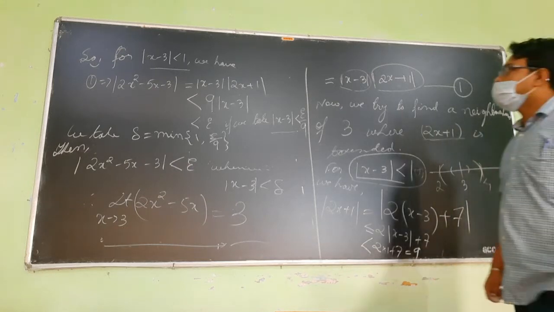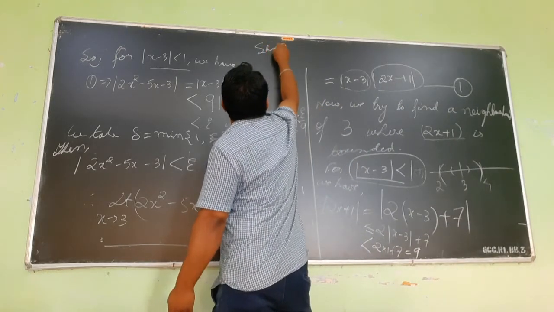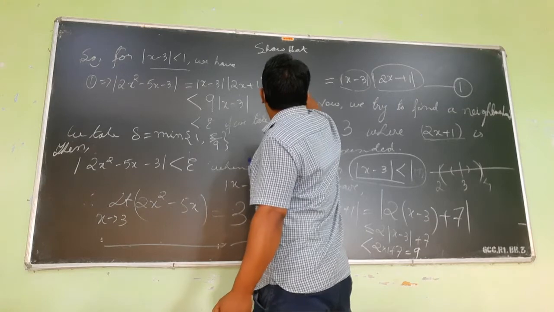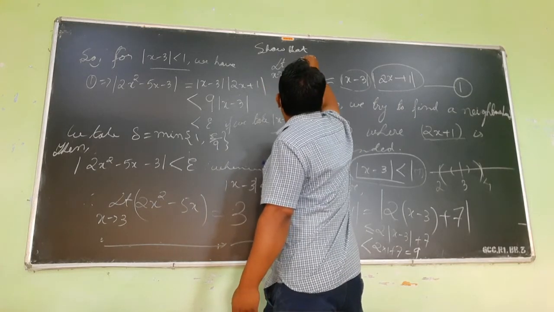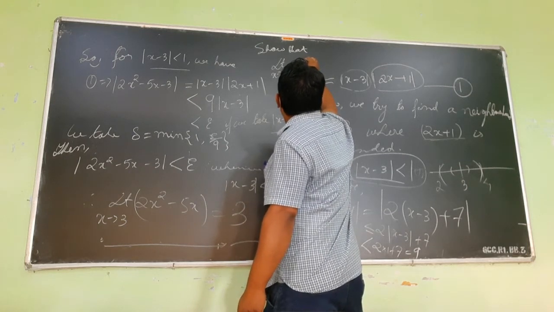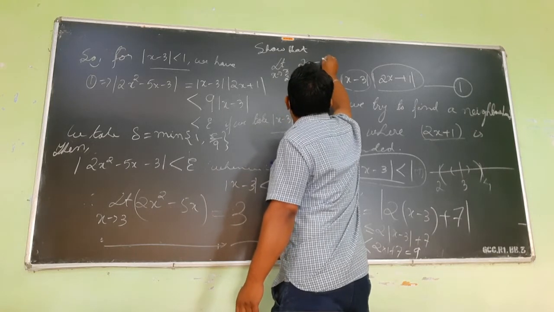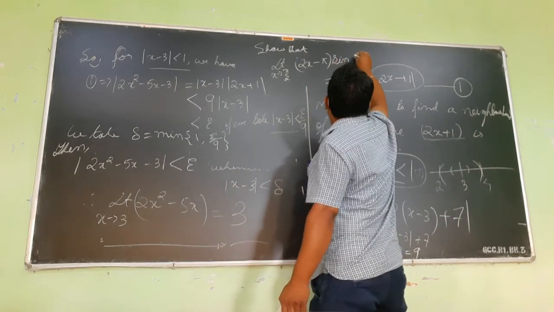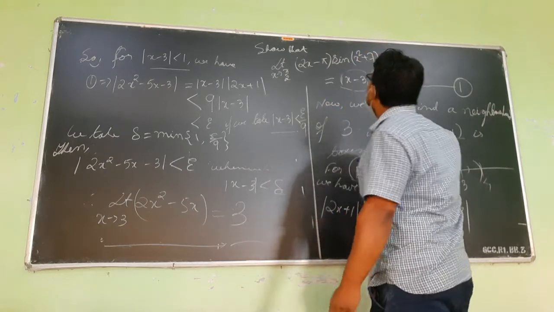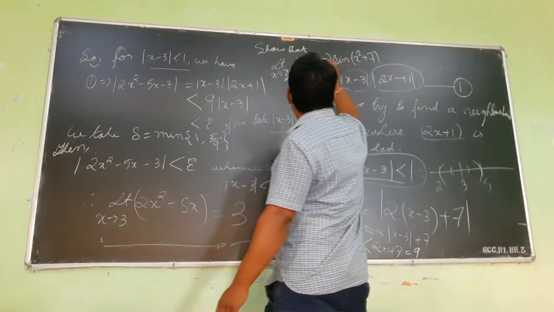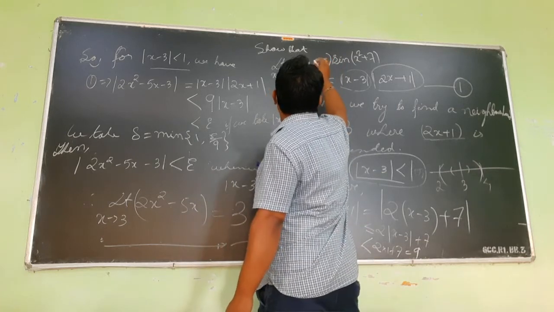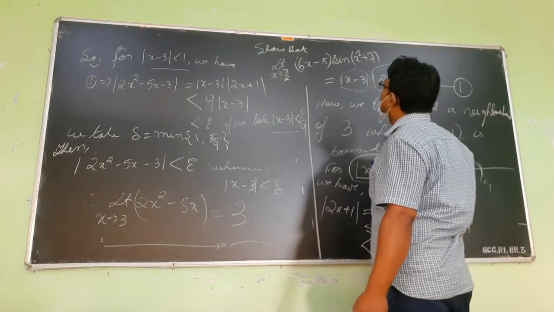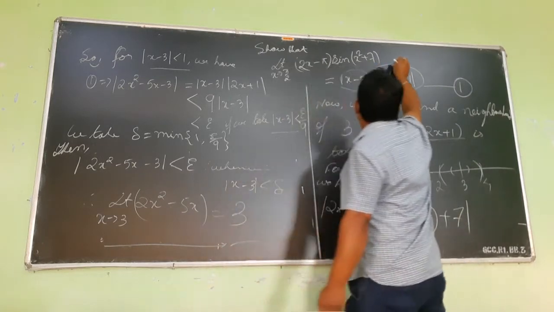Okay, you try this. Show that the limit as x tends to pi by 2 of twice x minus pi into sine of x square plus 7 is equal to 0.